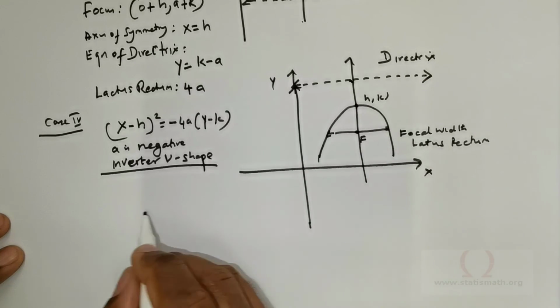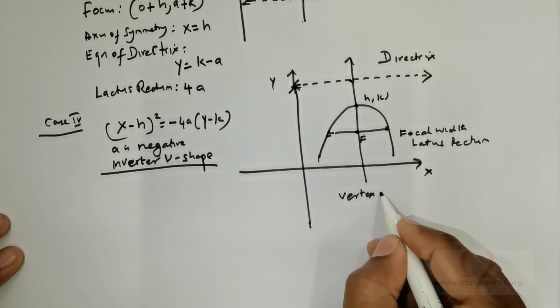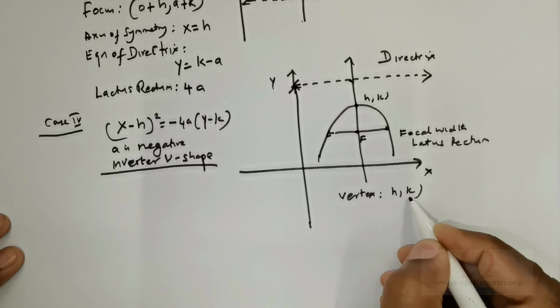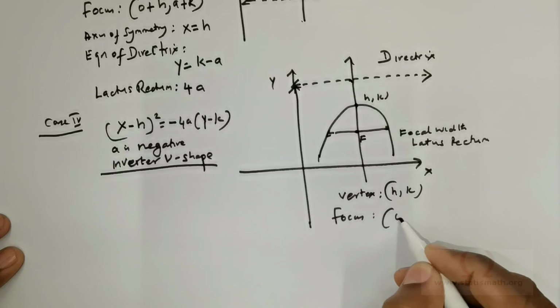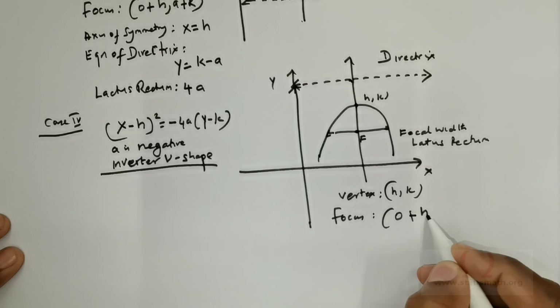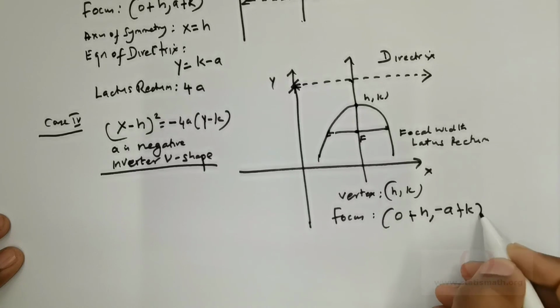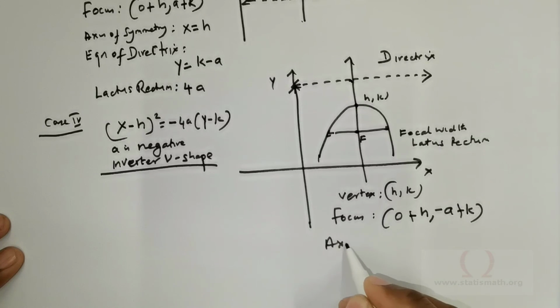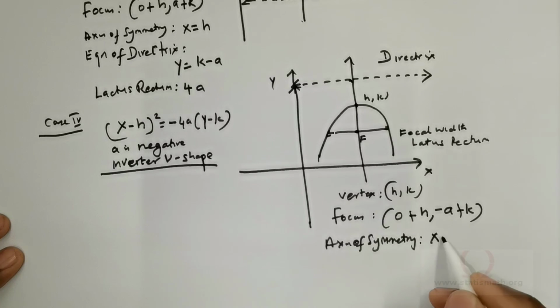So if we were to write all the information, we can start by writing the vertex. The vertex is (h, k). The focus is given to be (h, −a + k). That's very important. The axis of symmetry is x = h.